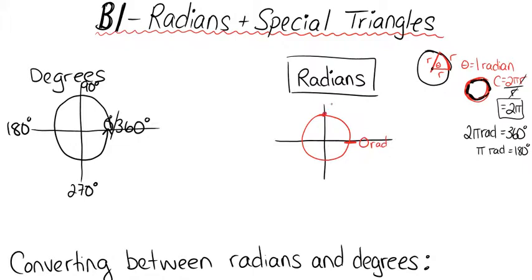Going up to this point would be pi over 2 radians. Going over all the way along, we would normally say as 180 degrees, but now we would say as pi radians. Down here would be 3 pi over 2 radians, and then back to the beginning would be written as 2 pi radians. So we're now just switching over and using radians instead of degrees.